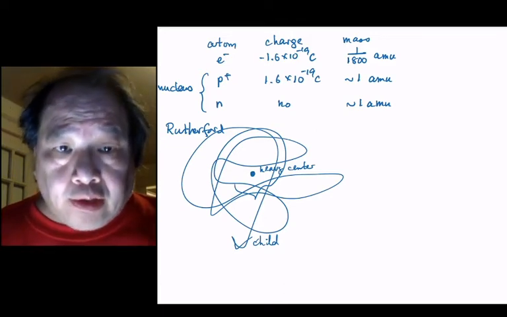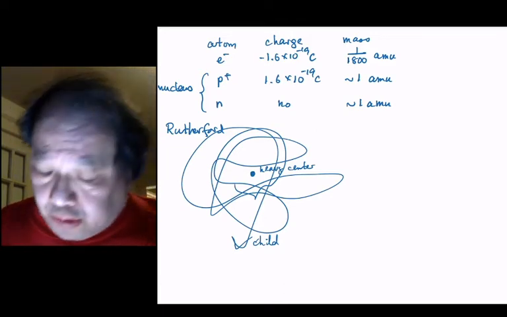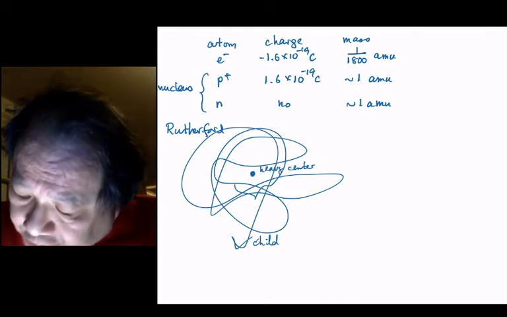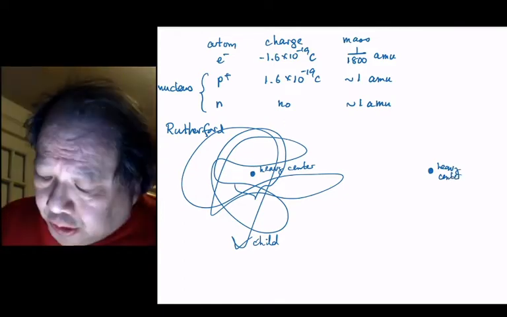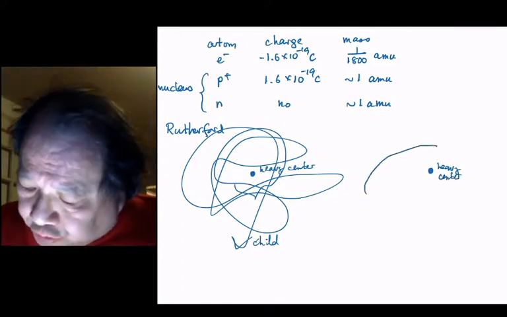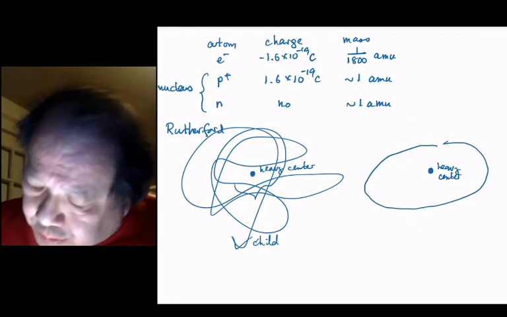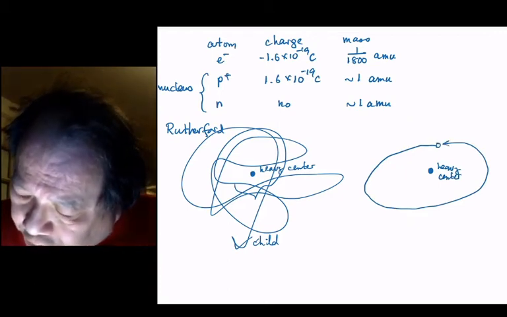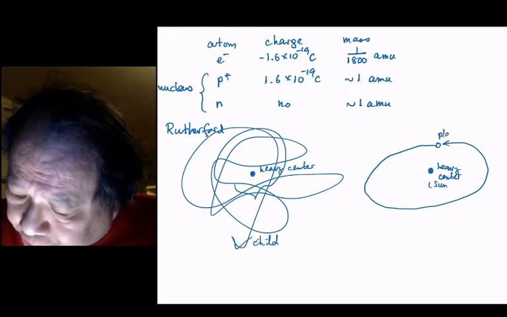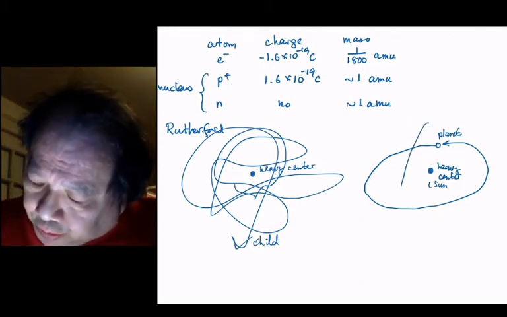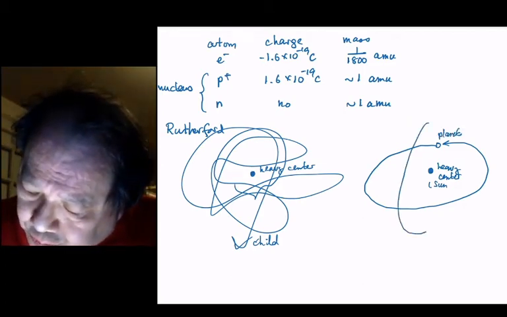A long time ago, they wanted a very orderly world, so they decided, okay, you're going to have a heavy center, and they decided to impose order on it, so they would make the electrons move in fixed orbits, sort of like the sun and little planets moving around it. So they wanted an orderly universe.